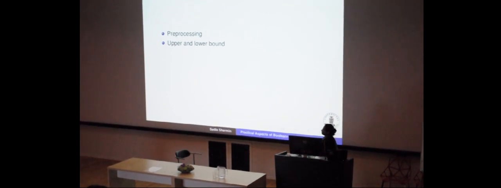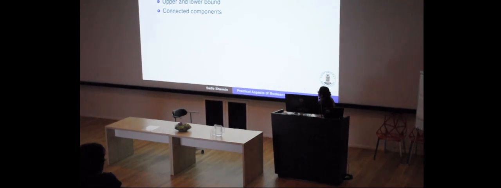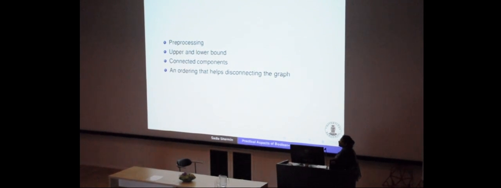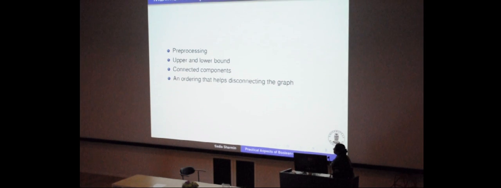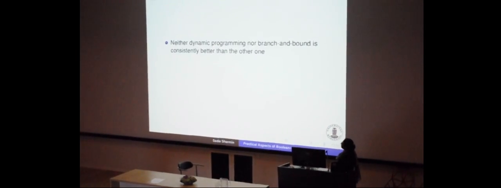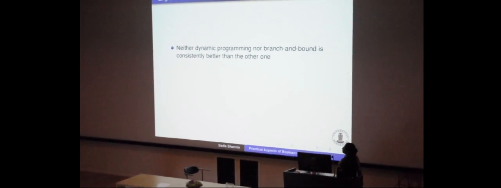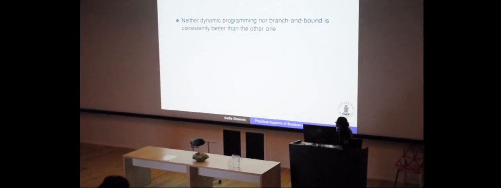Lower bound for only the branching. We also take the connected components and we use an ordering that has this connectivity. When we compared it with the dynamic programming approach, neither dominates the other.